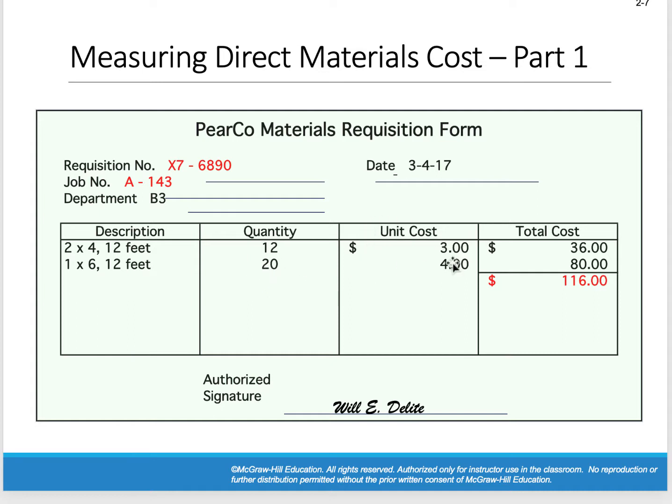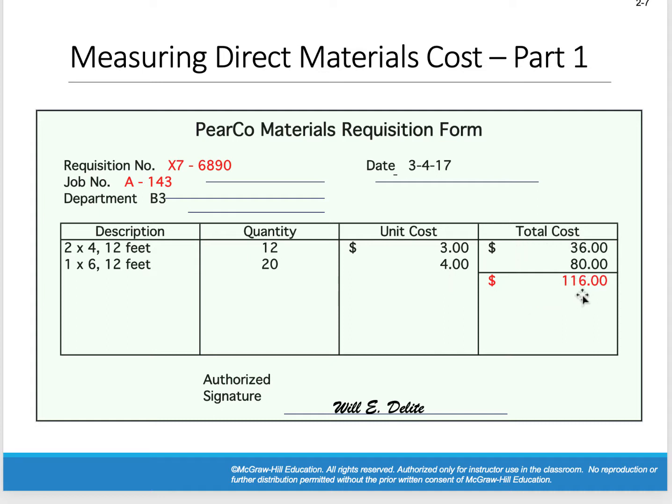The unit cost, meaning the manager of the raw materials department went to, I don't know, 84 Lumber, Lowe's, Home Depot, wherever that manager went, and bought 2x4s and 1x6s that we as a company have in our stock, and that we can pull from and apply to the job, okay? Well, this manager paid $3 for 2x4s and paid $4 for 1x6s, right?